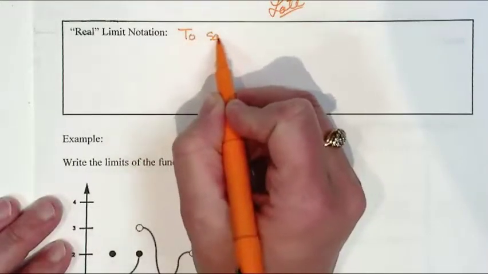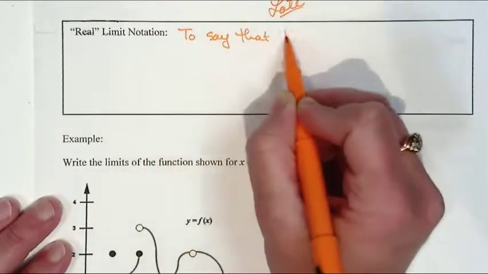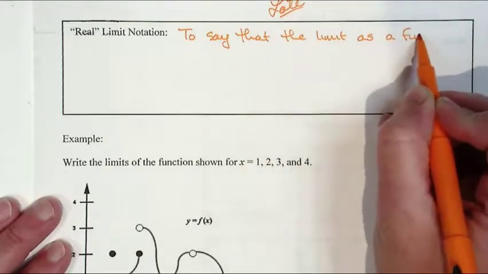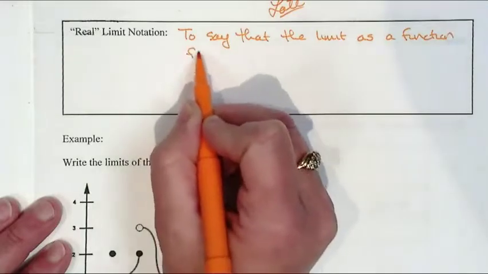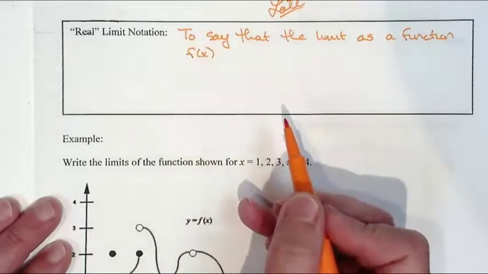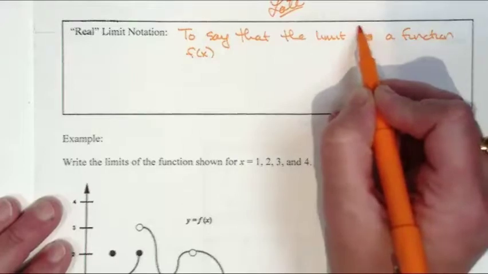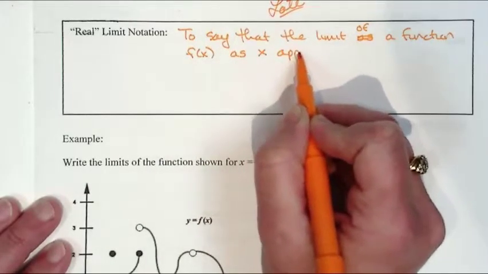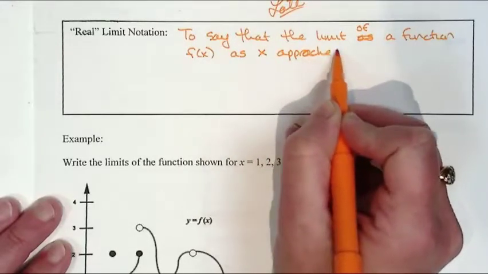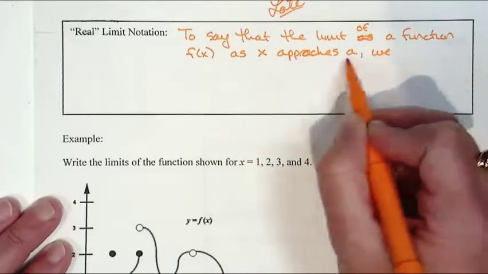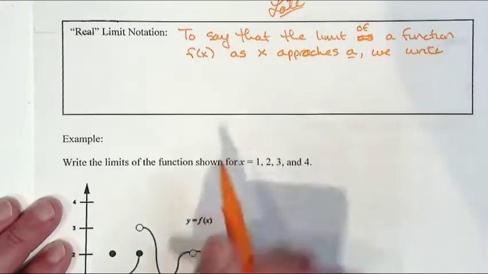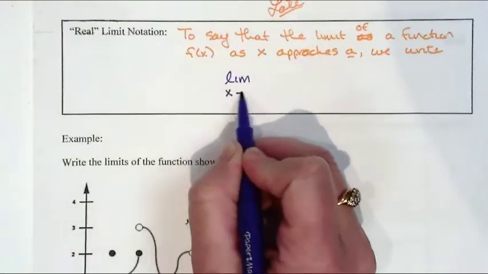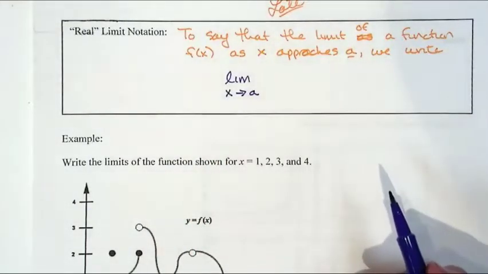To say that the limit of a function f of x as x approaches a, we write, here it is, we write that there's a limit as x approaches some value that you get to choose, right?